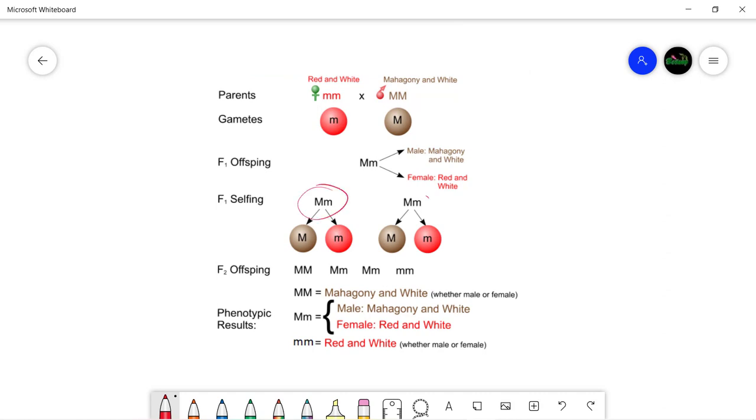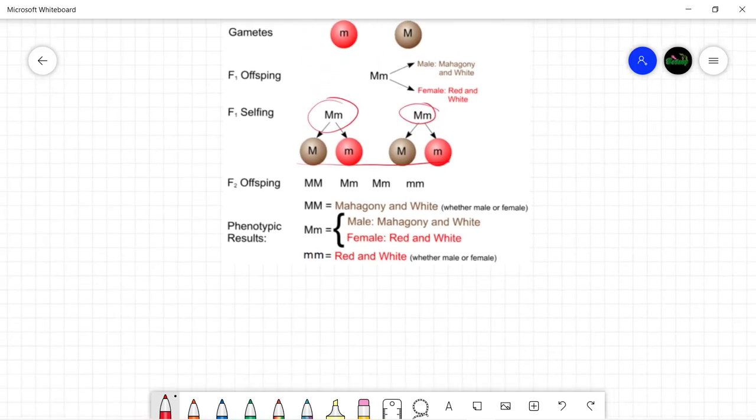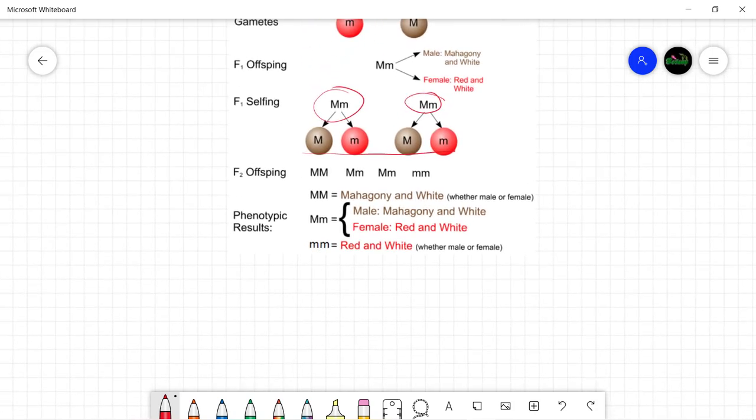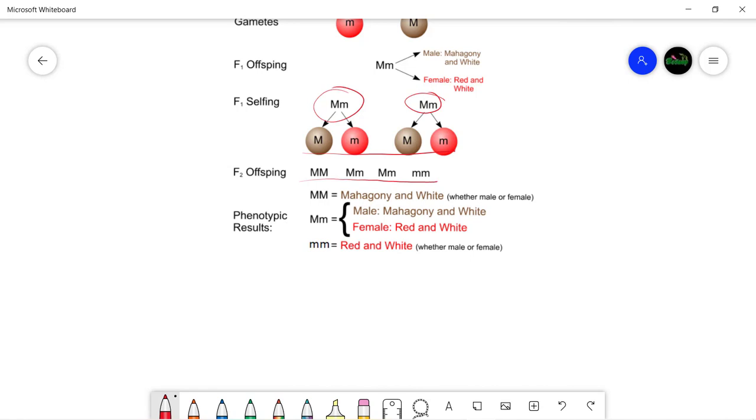This is one F1 individual, this is another one, these are their gametes, and in the end we get genotypes of three kinds: homozygous dominant, homozygous recessive, and two heterozygous, 1:2:1. But the phenotype of especially this heterozygous pair is different in male and female. So this is what we get in the F2.